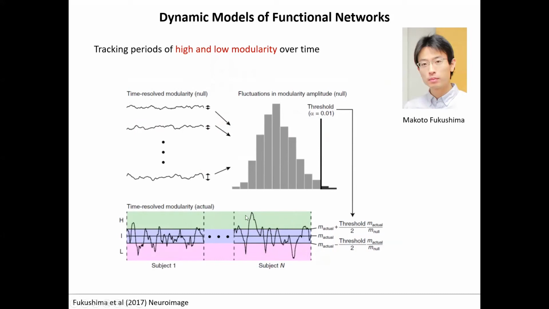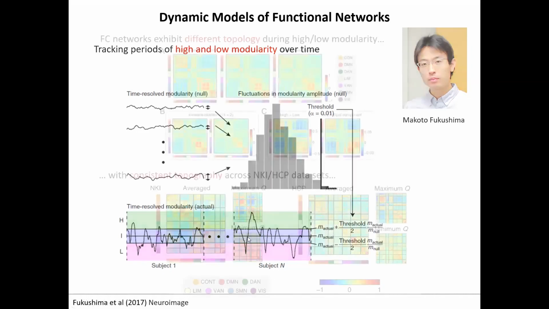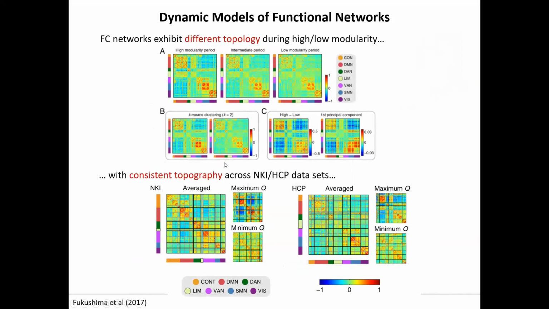So Makoto set out to look at modularity in windowed functional connectivity recordings to see how it fluctuated across time and what we could learn from those fluctuations. Applying a null model where accidental fluctuations are excluded from analysis, he focused on extreme excursions of high and low modularity and constructed summary pictures of functional connectivity during high modularity and low modularity intervals.